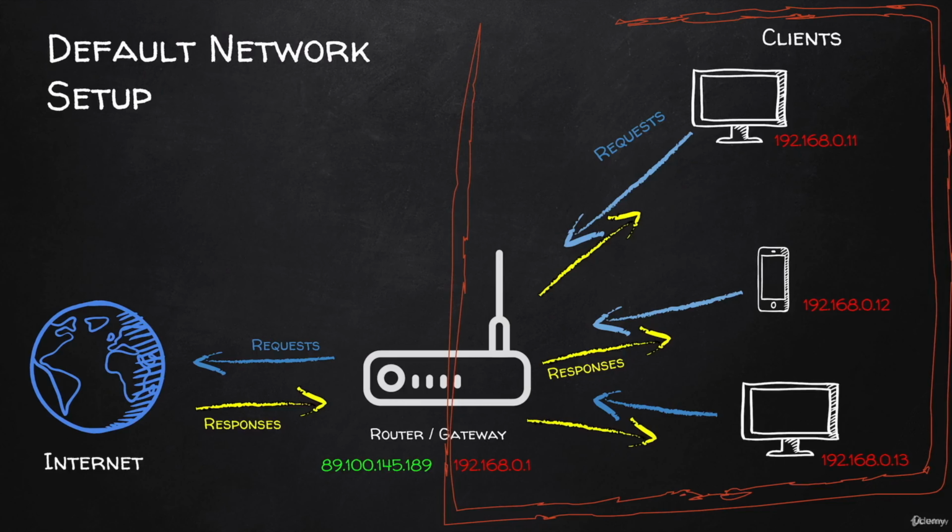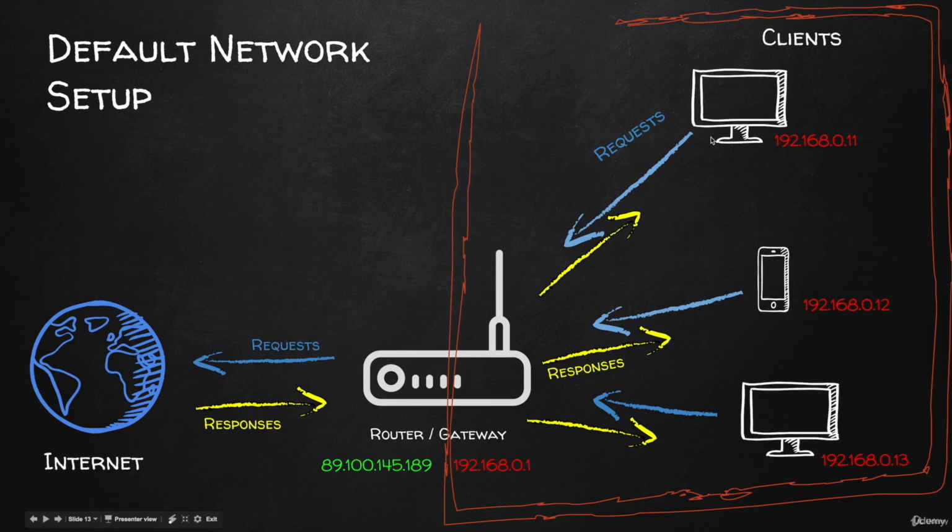So first of all, let's have a look at a default network setup. We've seen a similar diagram before. Right here you can see that we have the router, we have the clients that are connected to the router, and then we have the router that is connected to the internet. We mentioned before that all the devices inside the network don't actually have an internet connection. They can only access the internet through the router.